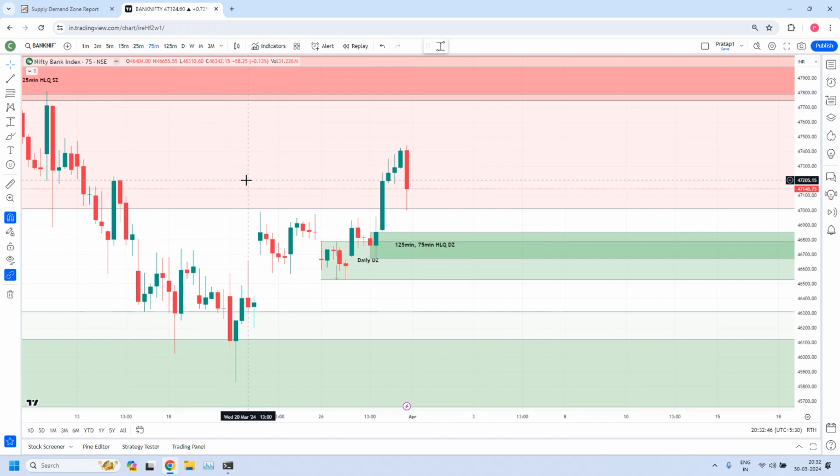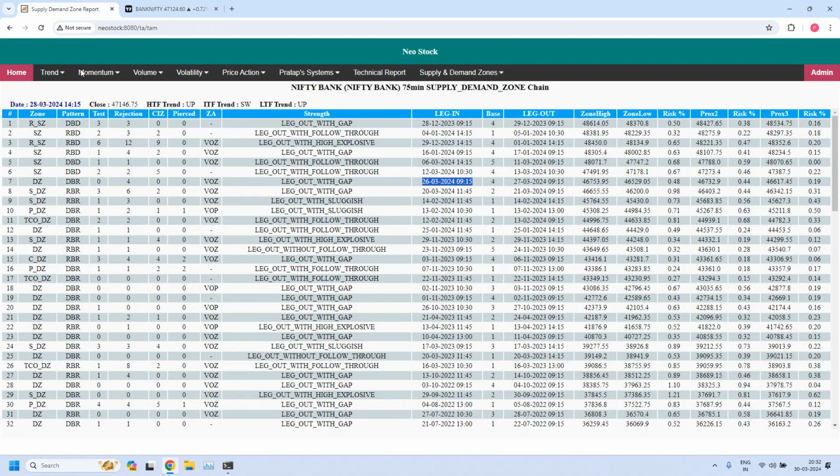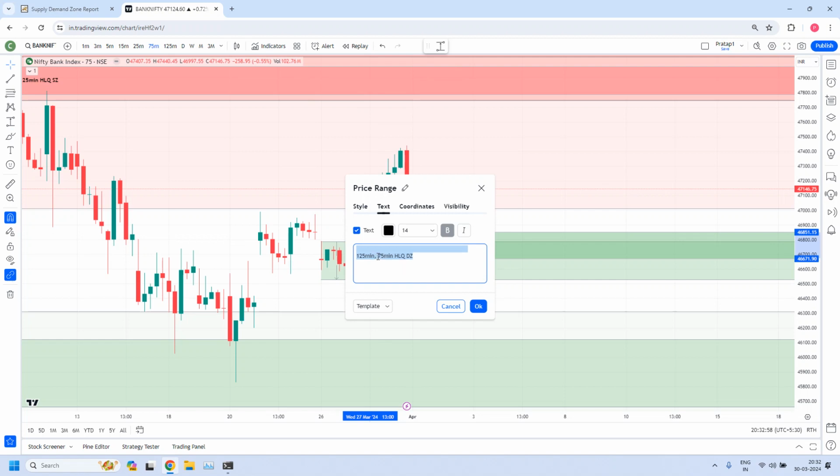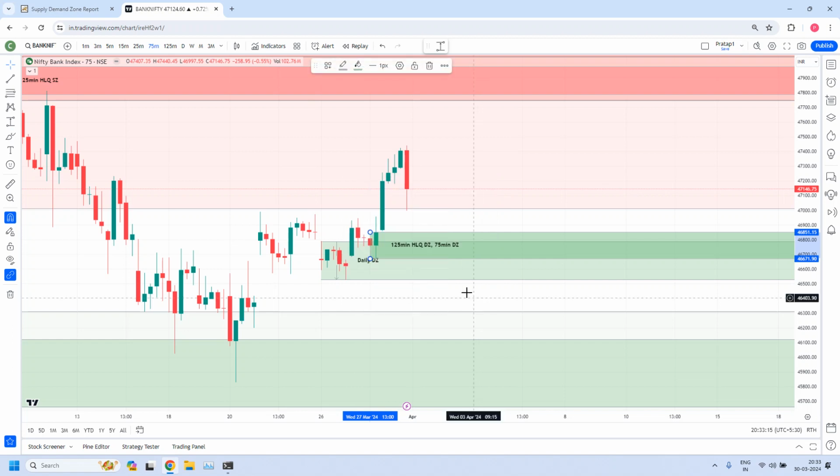Sorry, my mistake: 125 is a high liquidity zone, and 75 minutes is a normal zone. Anyway, we consider this a high liquidity area because 125 minutes is already saying so.